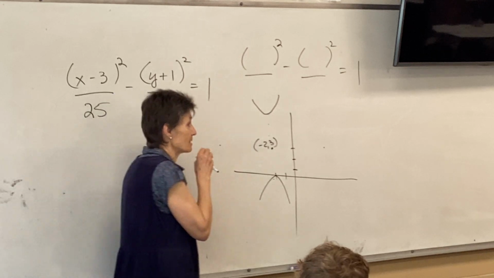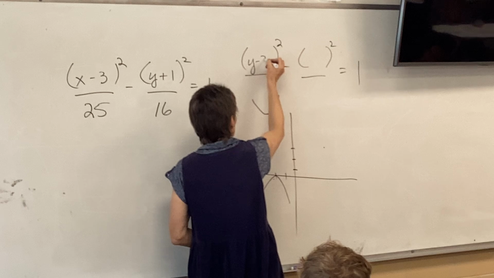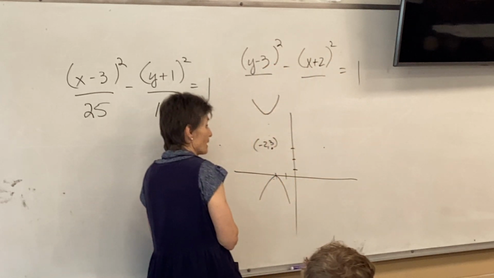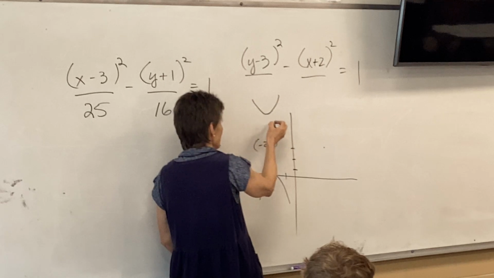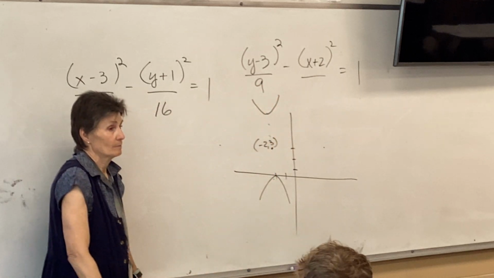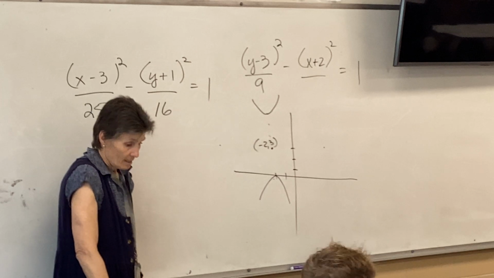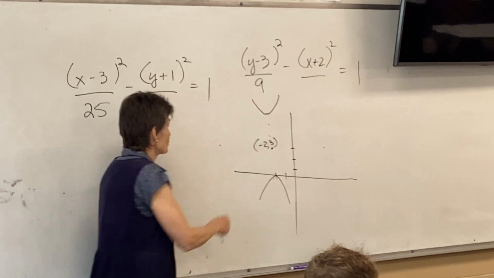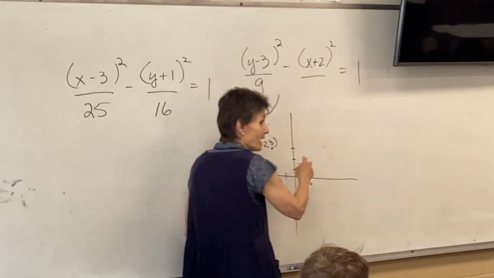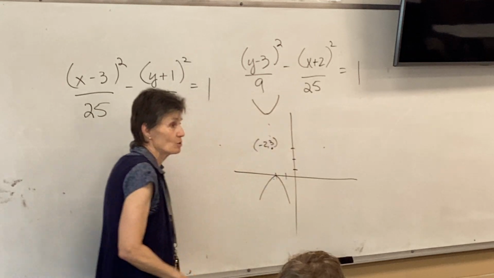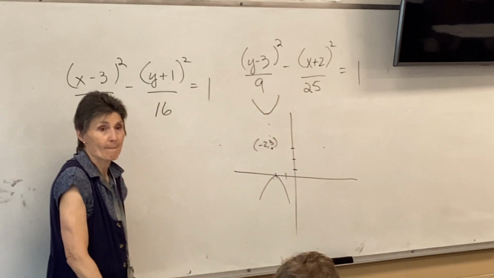Because of that, y will be first, so y minus 3, x plus 2. And because I counted up 3, under y is going to be 9. They tell me the conjugate axis is 10. So I counted back and forth 5, which tells me under x is going to be a 25.